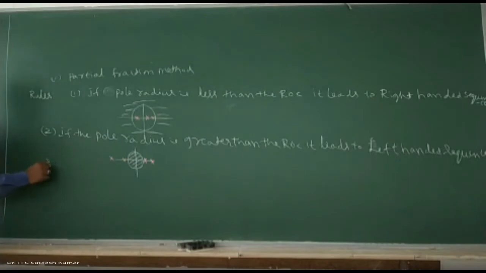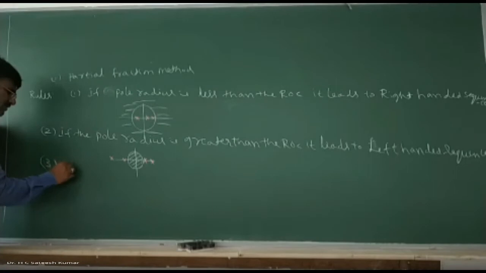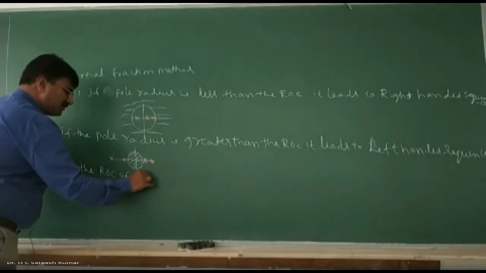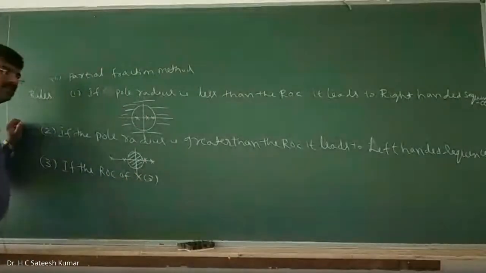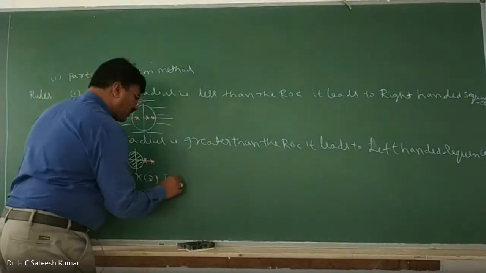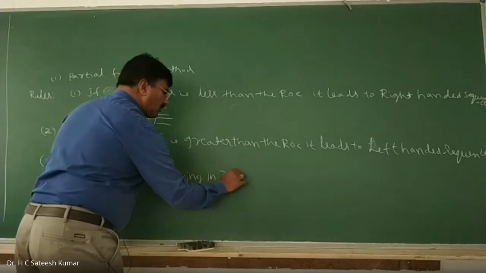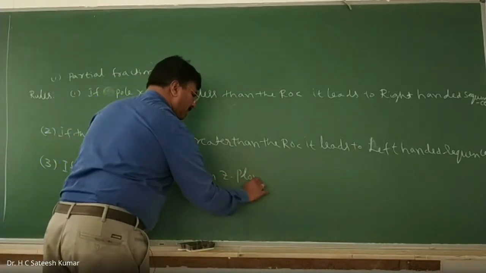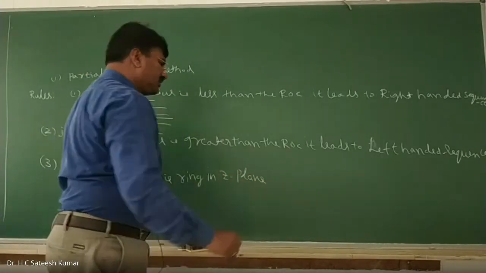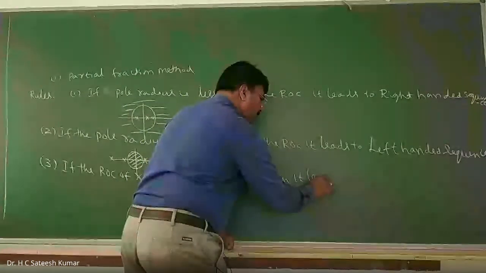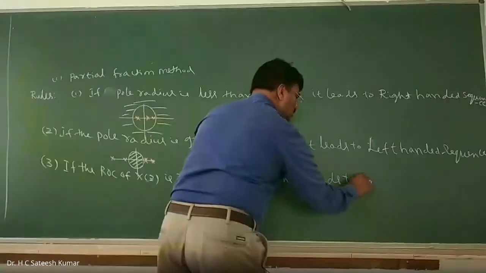And the third one: if the ROC of x of z is a ring in the z plane, then it leads to a two-sided sequence.